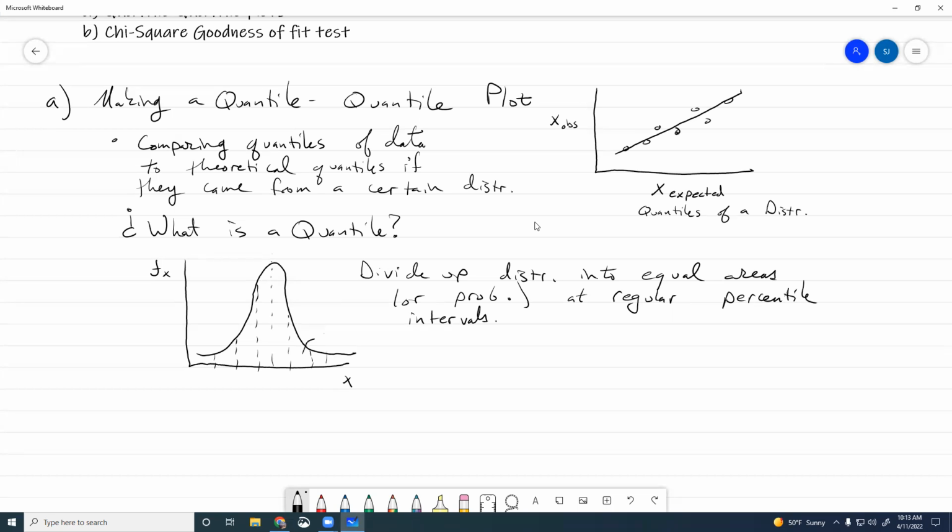Each area in this case has about 0.125 of the total area of the probability. And then we get our X values. They're not going to be evenly distributed, because the distribution has different areas. So they're going to be spread out over here, they're going to be closer over here, and so forth.